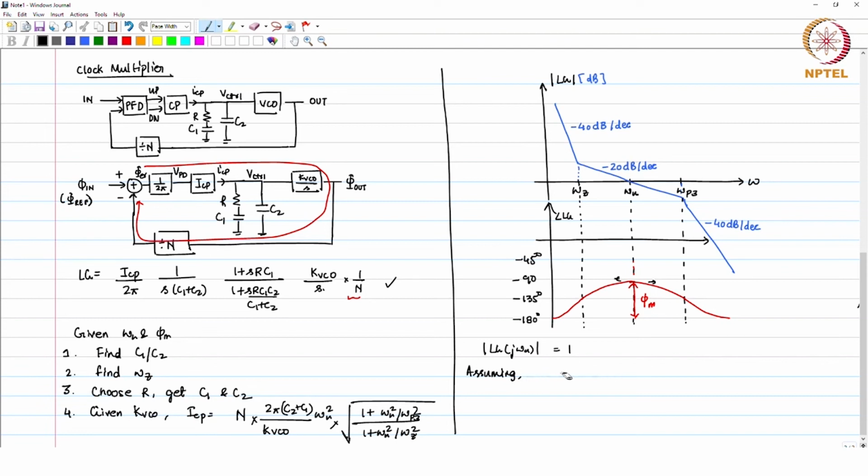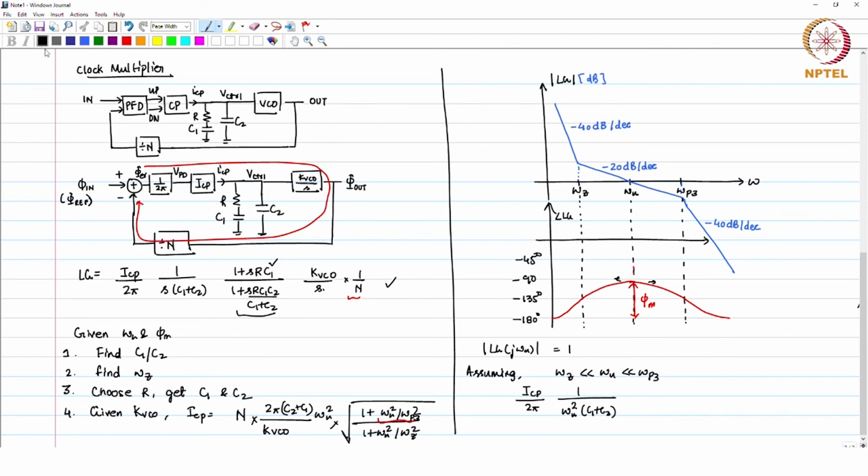If I keep that assumption, then I can simplify this and neglect this part. If I do that and calculate the unity gain frequency, this is going to be ICP by 2 pi divided by omega u square (C1 plus C2), and this term is going to dominate.